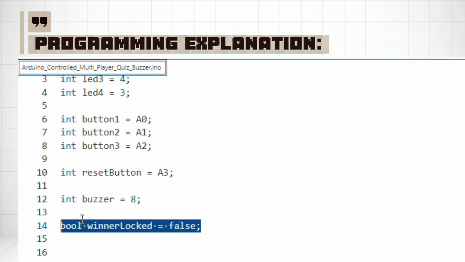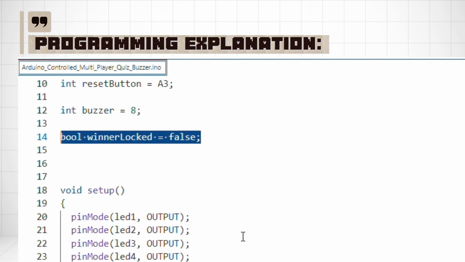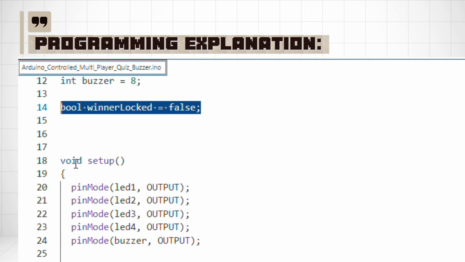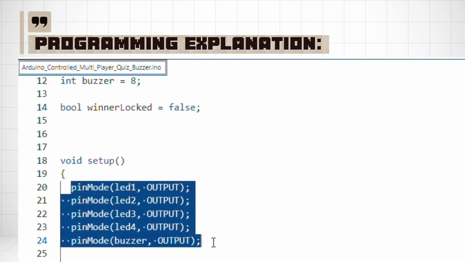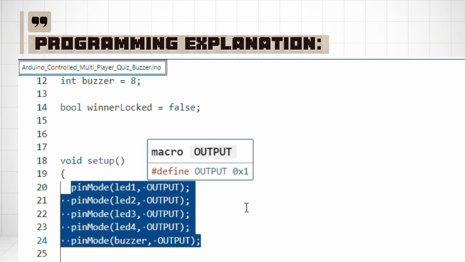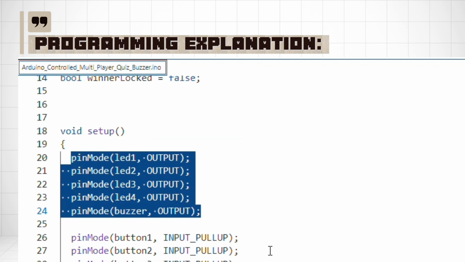After that, I create a variable called winner locked, which tells the program if someone has already pressed their button first. And inside the setup section, I set all LEDs and the buzzer as outputs.